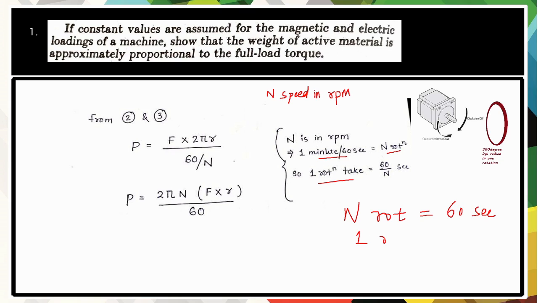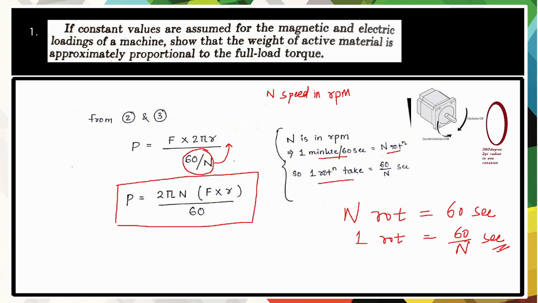So here it is written 60 divided by N. Then we can take the N to the numerator. So it will become P equal to 2 pi N F into R divided by 60. This is the expression for power.